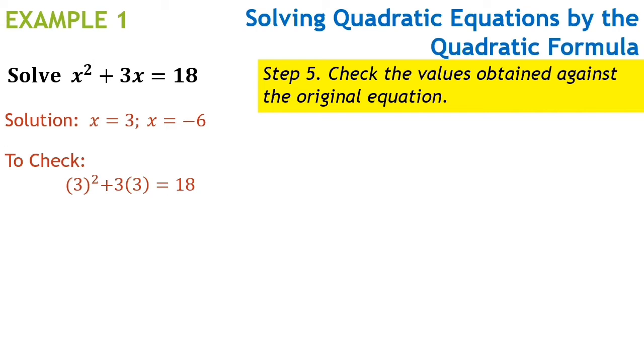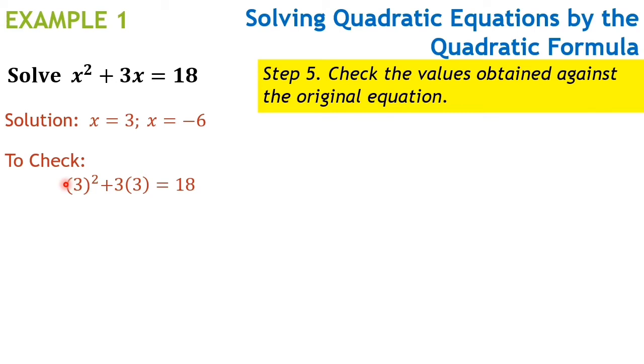So let us start with the first value, which is x equals 3. As you can see here, we substituted the value 3 for the variable x. So we have 3 squared plus 3 times 3 is equal to 18.